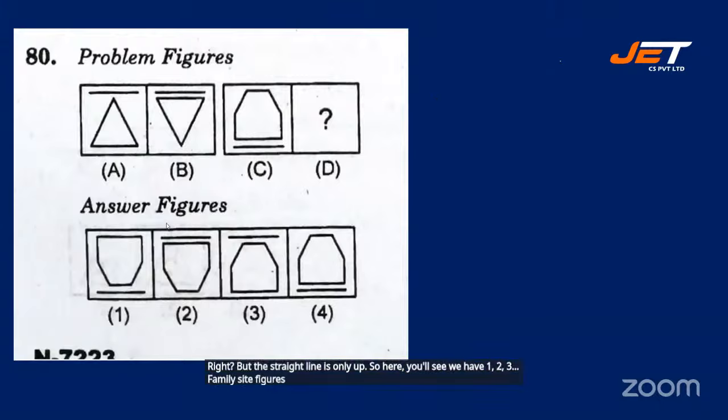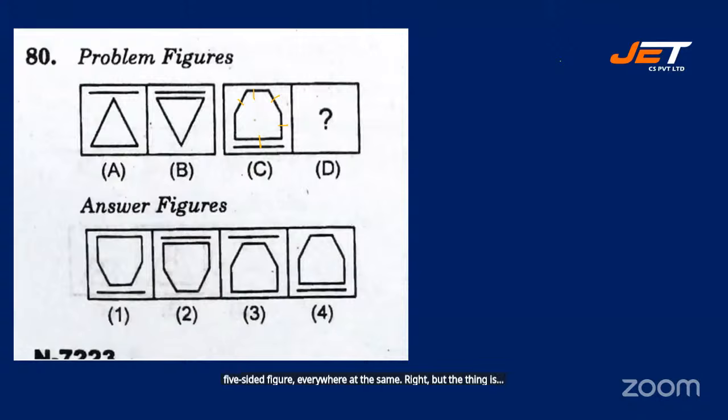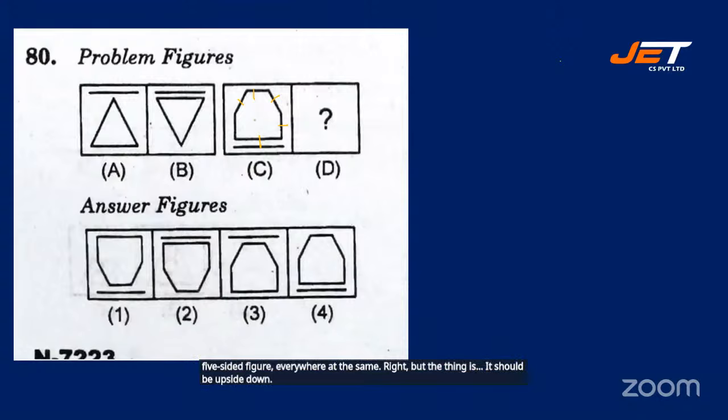The figure is same everywhere, isn't it? So I have 1, 2, 3, 4, 5. So it's a 5-sided figure. Everywhere it is same. But the thing is, it should be upside down, and the line must be down.